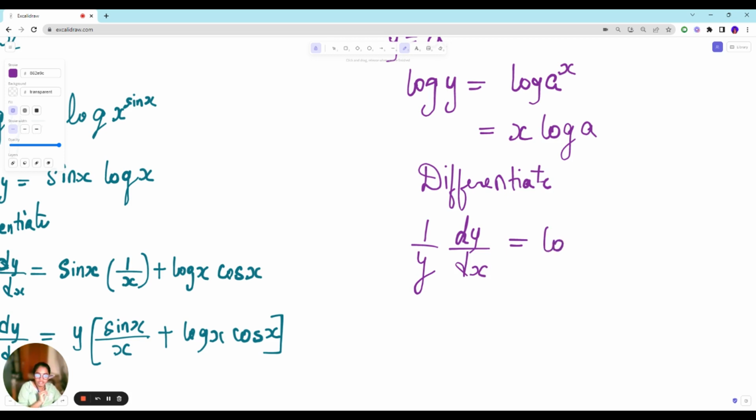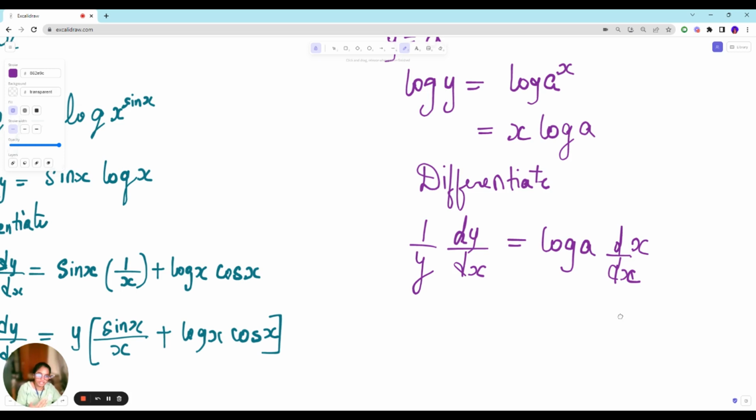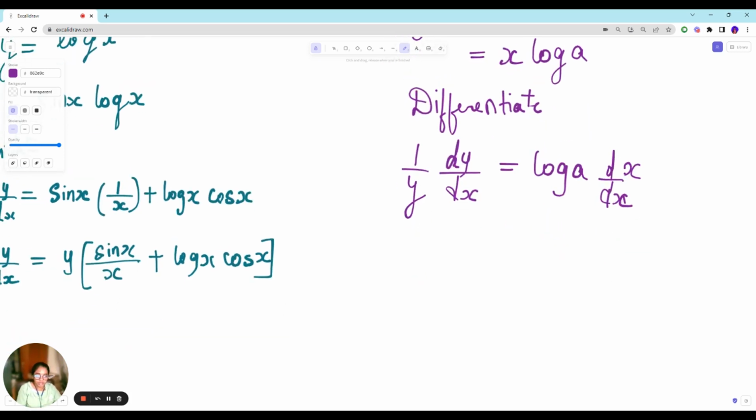Log a is a constant. So I can write log a outside and I can write d by dx of x. If you have derivative of 2x, how would you solve? Something similar to that. What is differentiation of x with respect to x? It is 1. Correct?